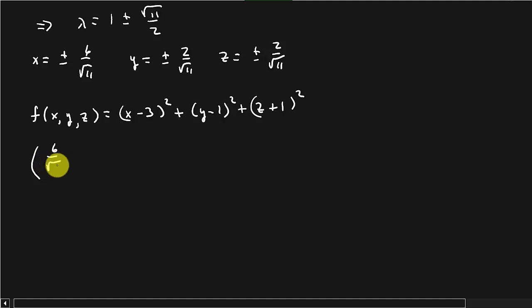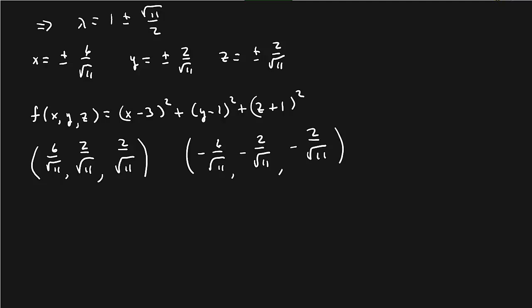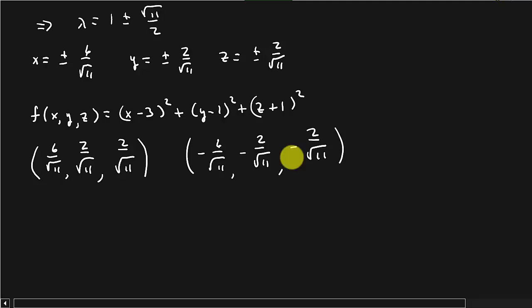Well, I have the point 6 over square root of 11, 2 over square root of 11, and 2 over square root of 11. And then I have the point negative 6 over square root of 11, negative 2 over square root of 11, and negative 2 over square root of 11. Those are the 2 points I'm looking at. Actually, I wrote this backwards. This would be plus, and this one would be minus.